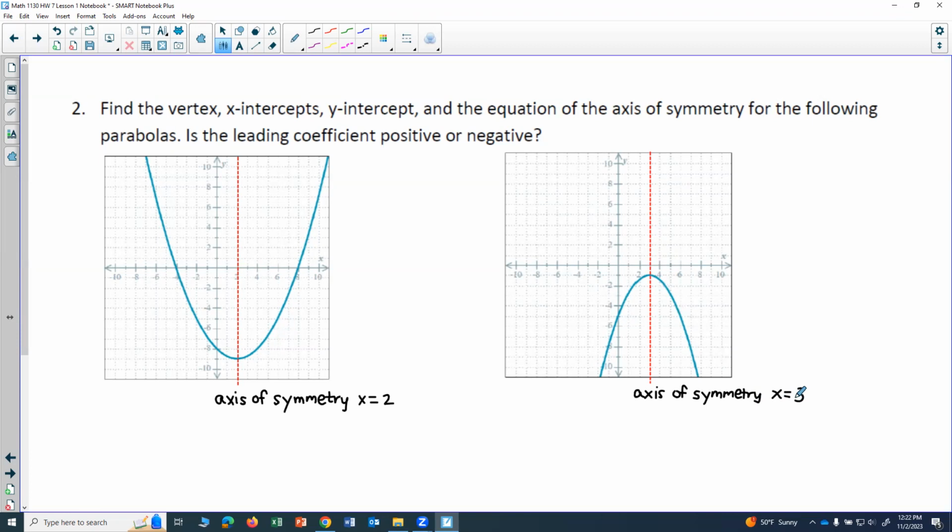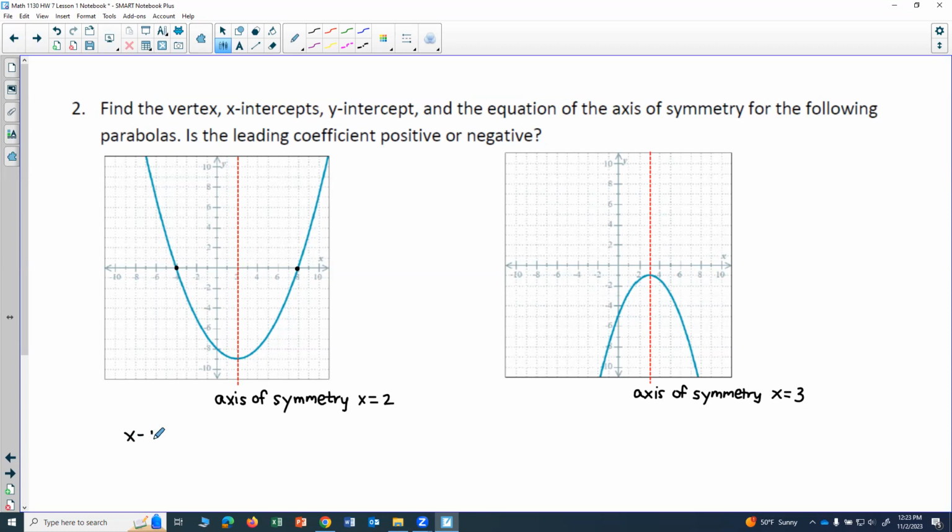Now let's look at the x-intercepts. So for this first graph, the x-intercept is going to be where our graph crosses the x-axis. And so our x-intercepts are going to be -4 and 8.